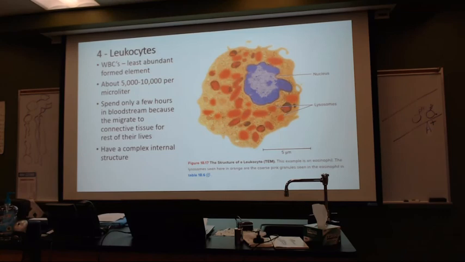Now another formed element in the blood was our leukocytes, the white blood cells. It's the least abundant formed element. I think we only produce, how many per day? 10 million per day.